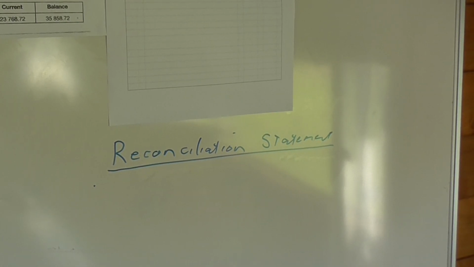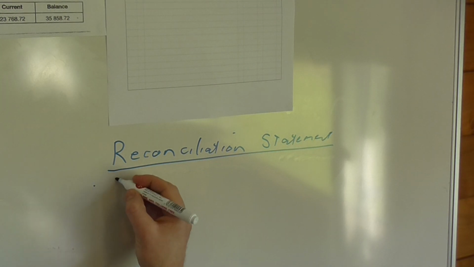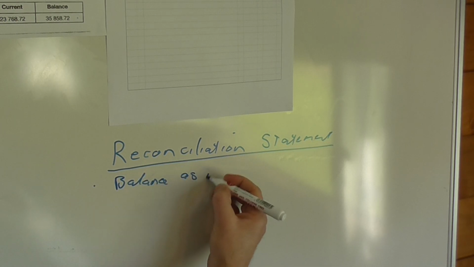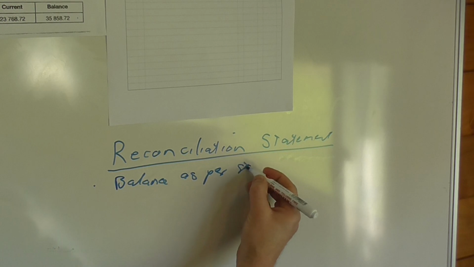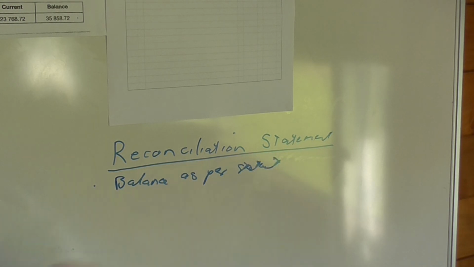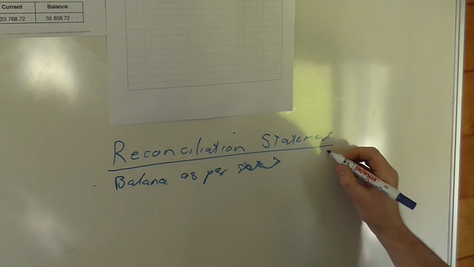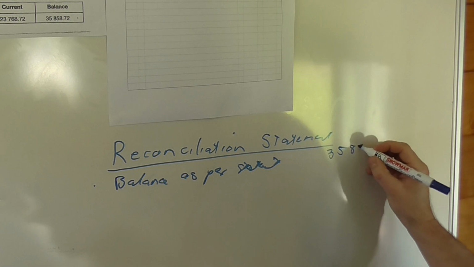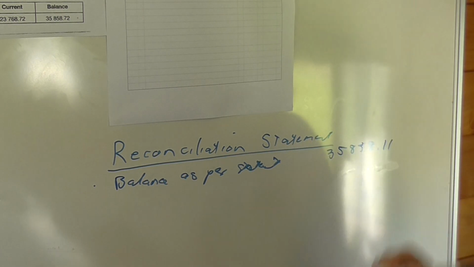So let's just write here, balance as per statement. Oh, please excuse my very beautiful handwriting. Okay, and the balance is 35858.11.